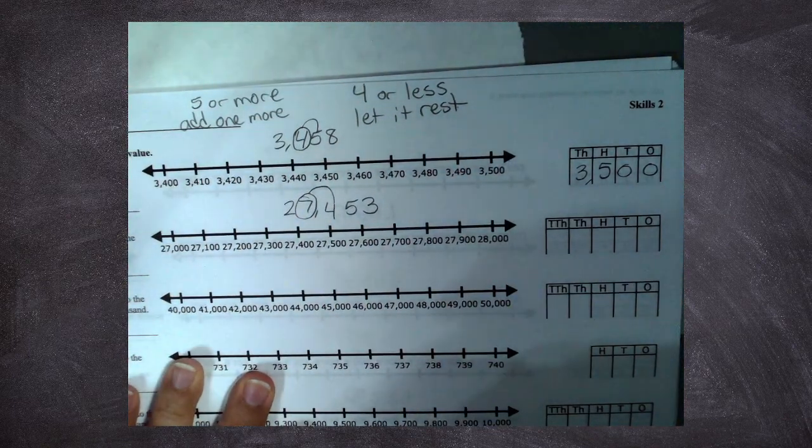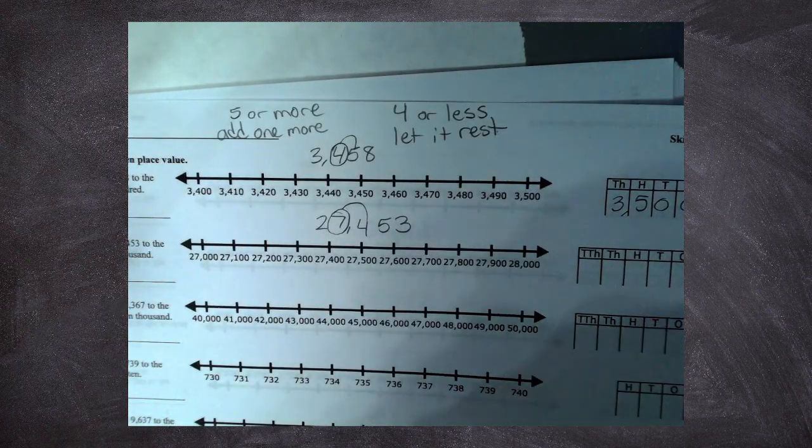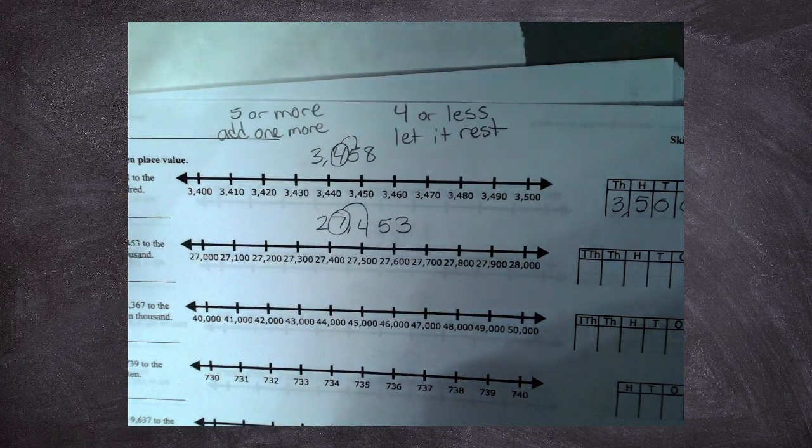And there's a 4. Who can tell me, if the neighbor is a 4, what am I going to do to that thousands place? Am I going to go up, or am I going to stay the same? Ezekiel, what am I going to do here? Is my thousands place going to go up, or is it going to stay the same, Ezekiel?